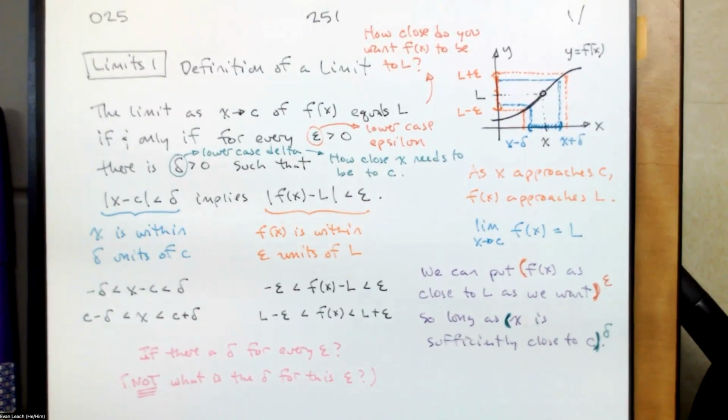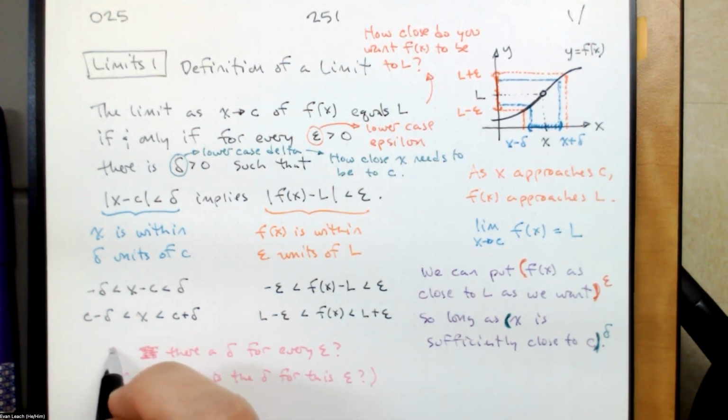Want to make sure that we distinguish the questions. Is there, I spelled is wrong. Is there a delta for every epsilon? The question is not, what is the delta for some given epsilon?